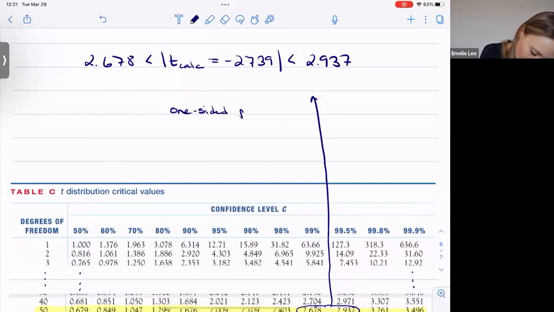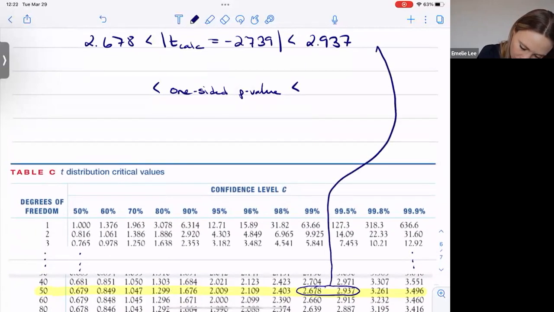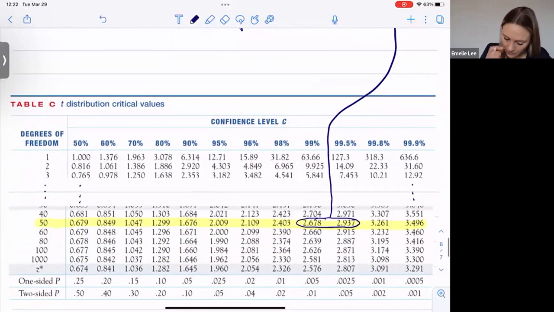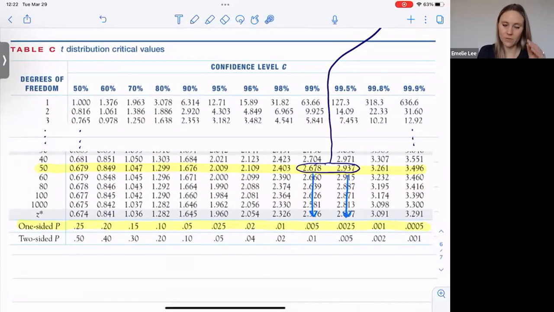The range for the one-sided p-value is, if I trace back on this line here, and notice that I have to read these from right to left because they're smaller to larger, then my one-sided p-value is somewhere between 0.0025 and 0.005.